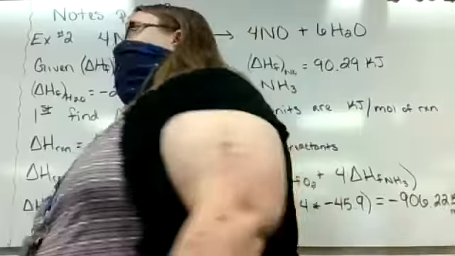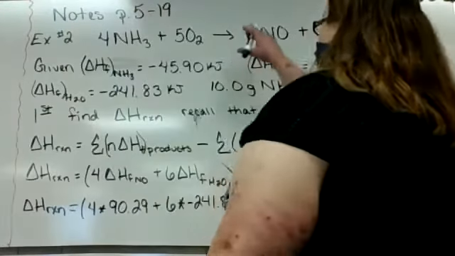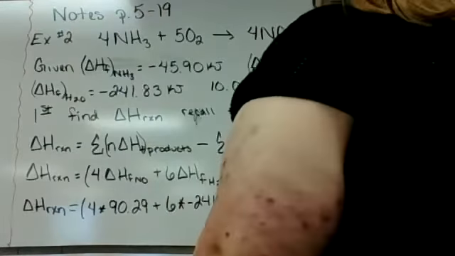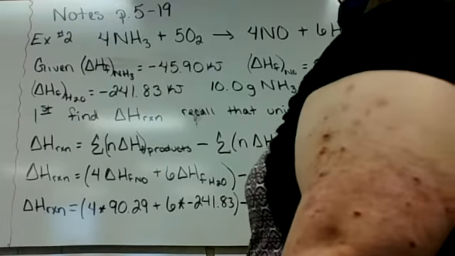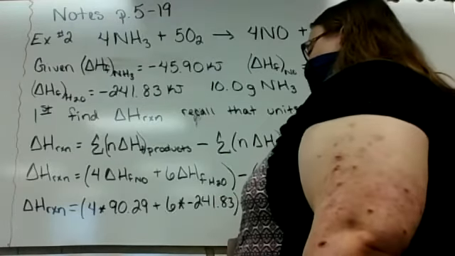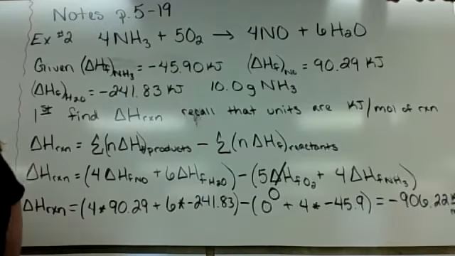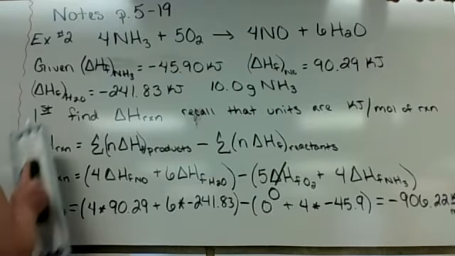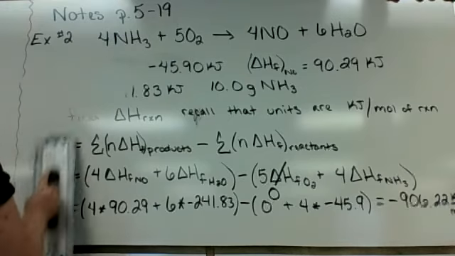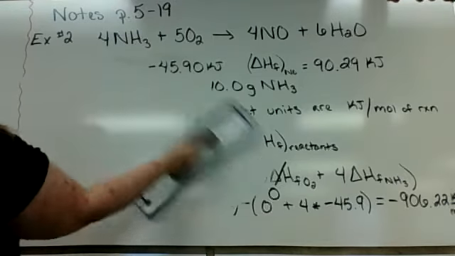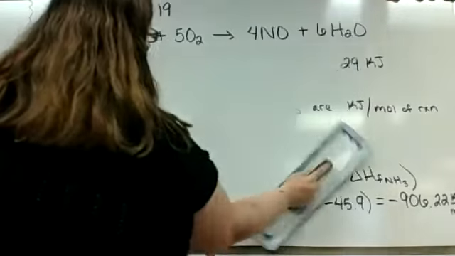The reason why it's negative is because the sum of the products is much greater than the sum of the reactants, because you have the negative term for the enthalpy of formation of H2O. And if you didn't get this down, I can copy my notes.